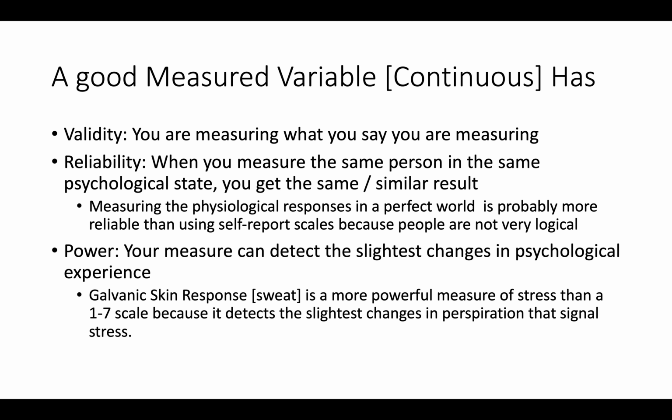On the measuring side, your DV has to be able to detect the smallest differences in the psychological state. That's how you increase power. So take sweat, right? These physiological responses are nice as they can detect the slightest changes in your stress level. We know that from past research, right? So in terms of stress, I'm going to be able to detect even the slightest change by measuring your sweating response versus a 1 to 7 Likert scale questionnaire, right?